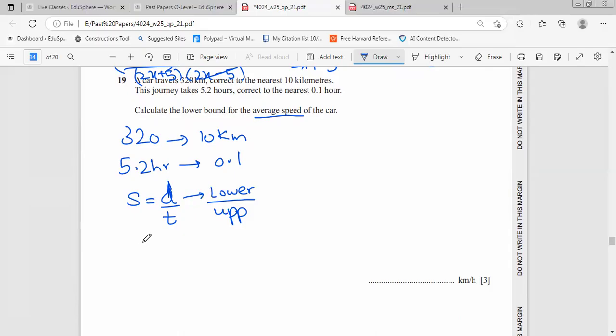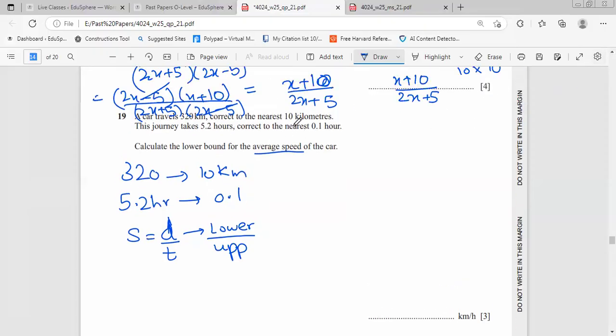So first we have to find the distance. The distance is rounded to 10 kilometers.